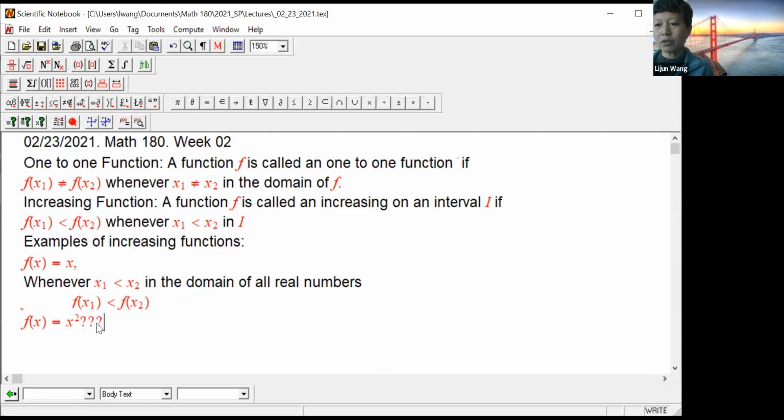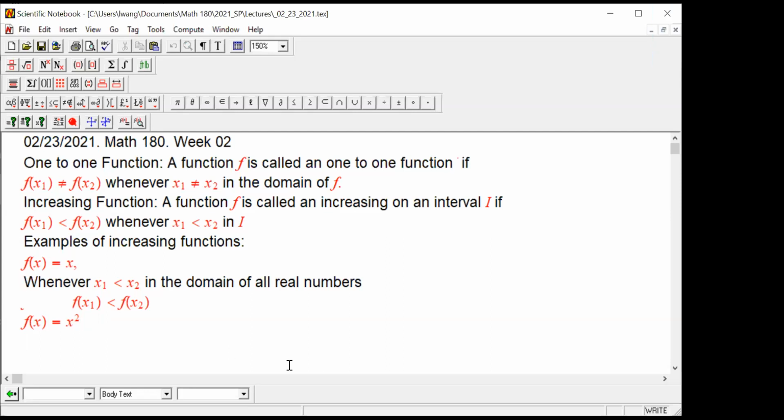How about f of x equals x squared? Is this function increasing or not? Because x1 has to be less than x2.